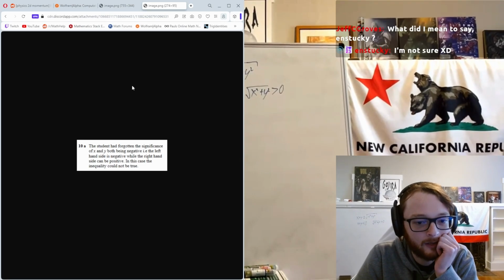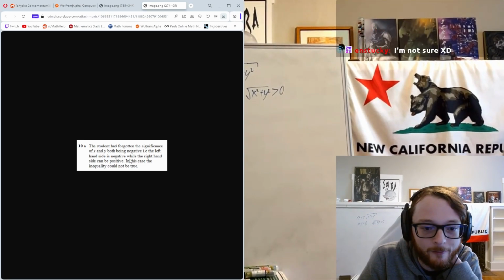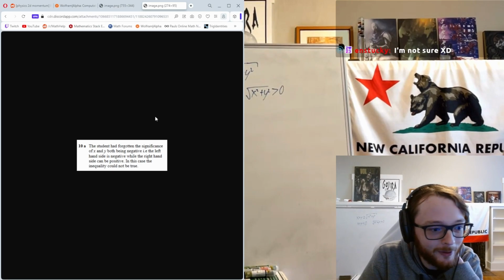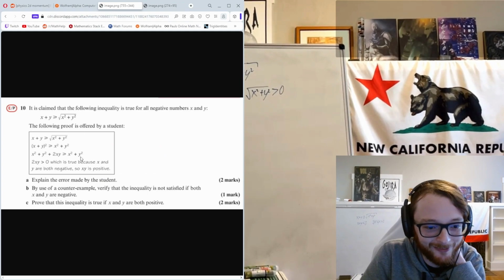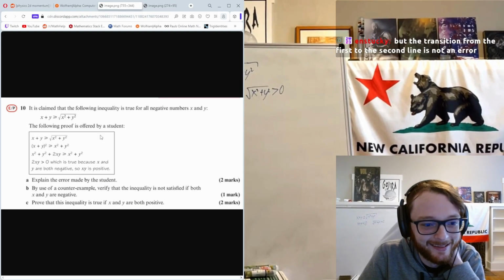The answer says the student had forgotten the significance of x and y both being negative, i.e. the left-hand side is negative while the right-hand side can be positive. The student didn't forget that. The student was given a bad problem. That feels kind of mean to the student. The student's work was fine, but they were given the bad inequality.